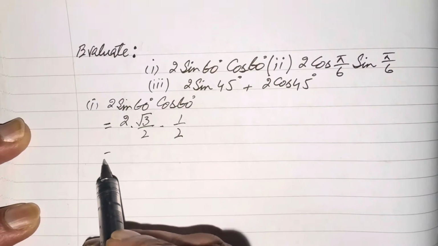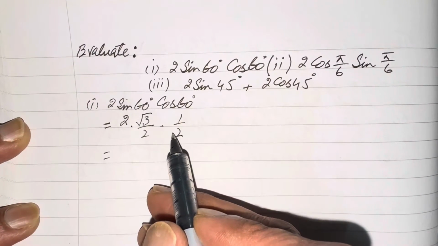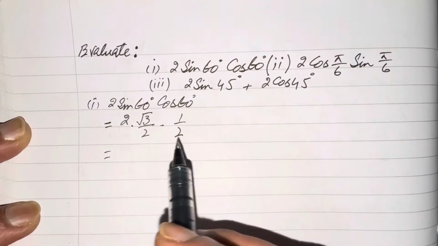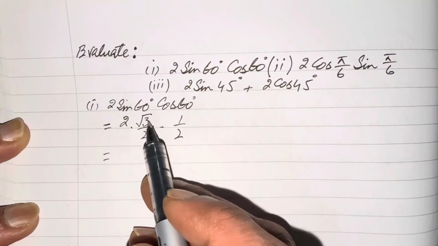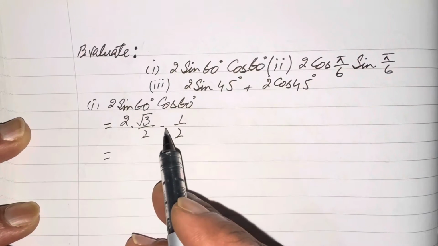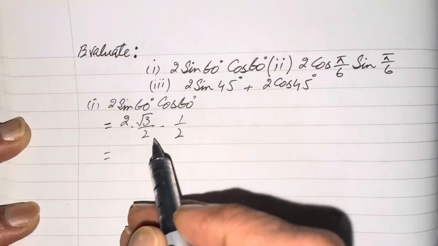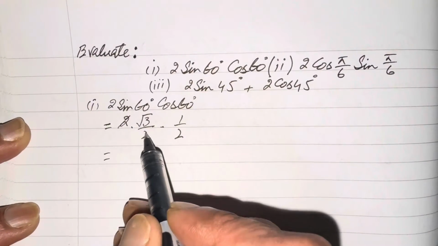These are the trigonometric ratios that we found and put in the table in my last lecture. With the help of this table we put in the ratios and then evaluate the expression. Now simply, this 2 will be cancelled with this 2.